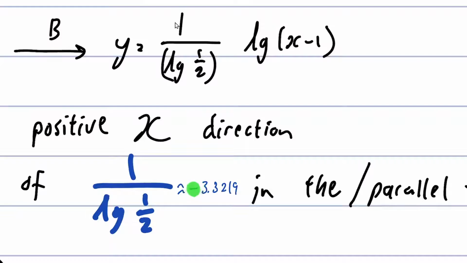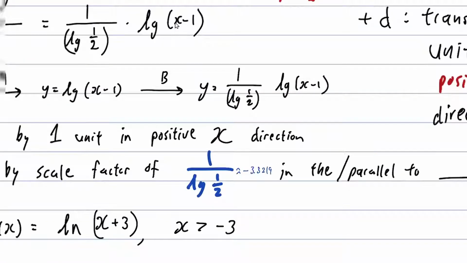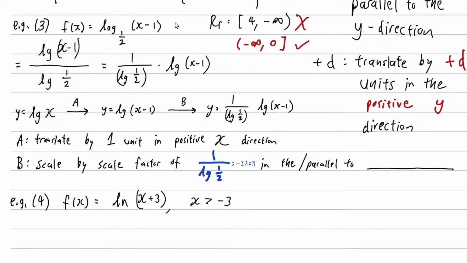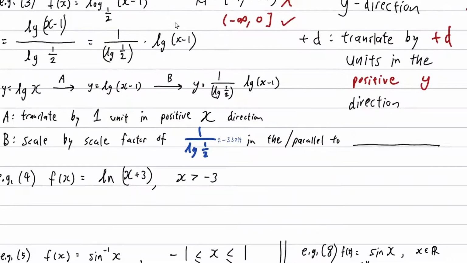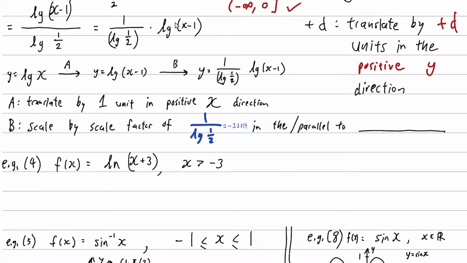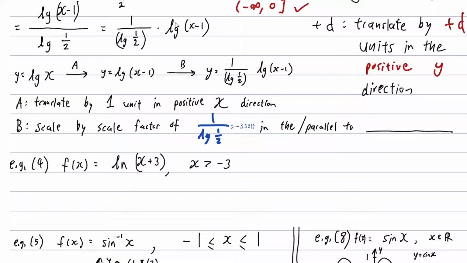Your thing flips over. Yes, correct. So maybe just to be a little bit more precise, we should account for the fact that it's negative. And then I'll just make a small comment over here. Since 1 over lg half is negative, we need to reflect about the x-axis.